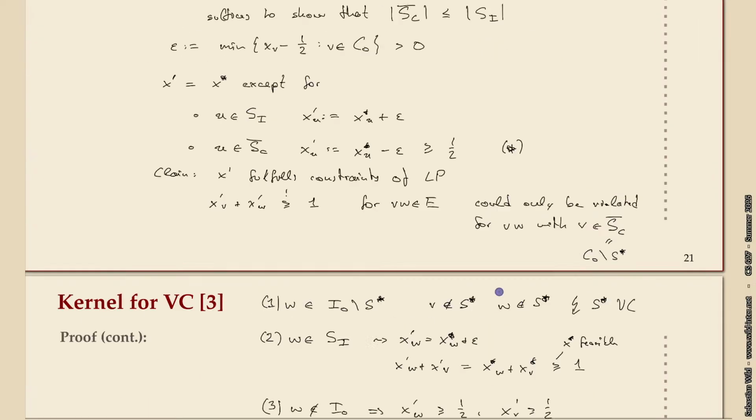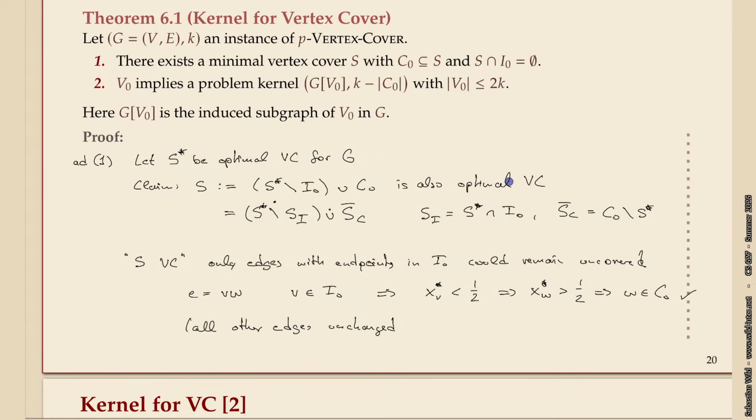Okay? We've shown we can take an arbitrary optimal vertex cover, and we can transform it into one that satisfies the conditions from the theorem, namely include all the vertices where the variable is strictly greater than 1/2, and get rid of all the vertices that have values strictly less than 1/2, and the result is still an optimal vertex cover. Which means we can essentially assume that we fix this solution and just look at the remaining vertices, namely those in V0.